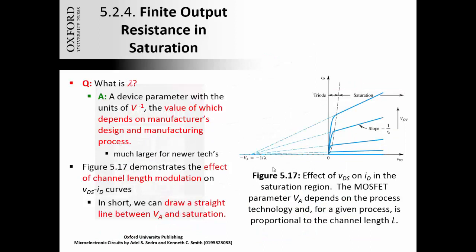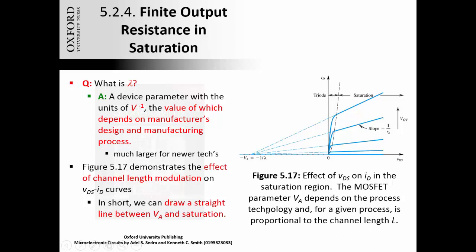Okay. So here you see the saturation region with a highly exaggerated channel modulation going on in this region here. You may have seen this introduced previously, not from a physical or operational perspective, but rather from a terminal perspective of how we describe current in the saturation region. And we defined what's called an early voltage.